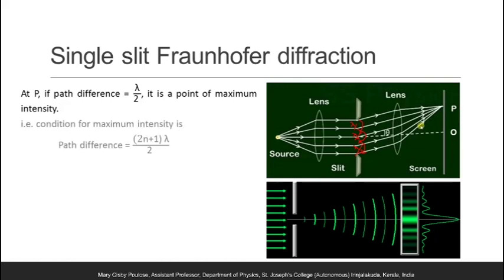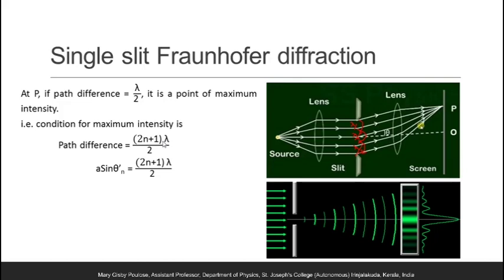So the condition for maximum intensity is that the path difference should be an odd integral multiple of half wavelength, that is 2n plus 1 into lambda by 2. Path difference a sine theta prime n is equal to 2n plus 1 lambda by 2.